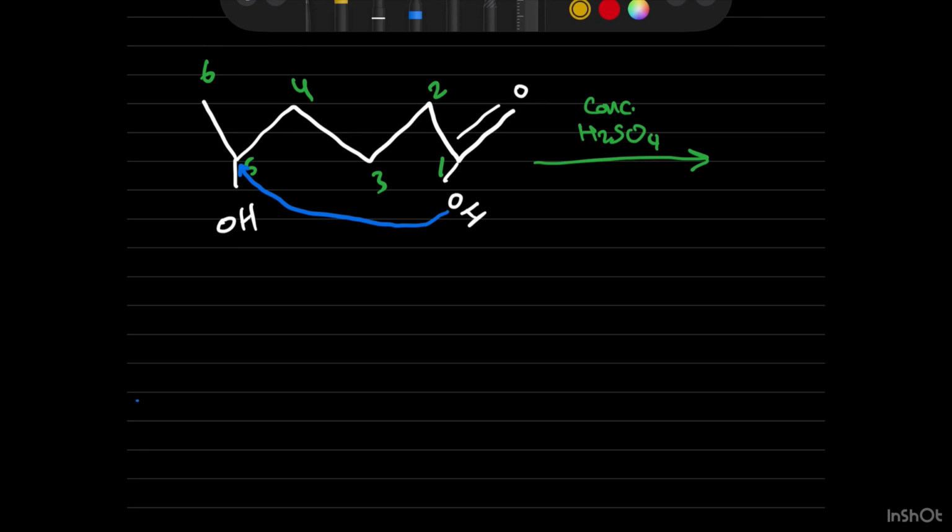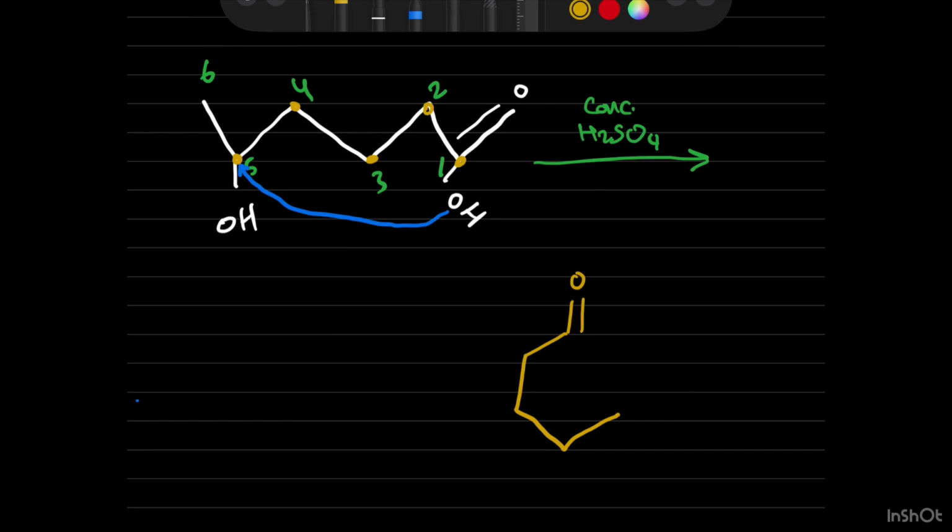First of all, you have a ring of 5 carbons: 1, 2, 3, 4, 5. I will start from number 1, which is the double bond. Now let's go to carbon number 2, 3, 4 and 5.